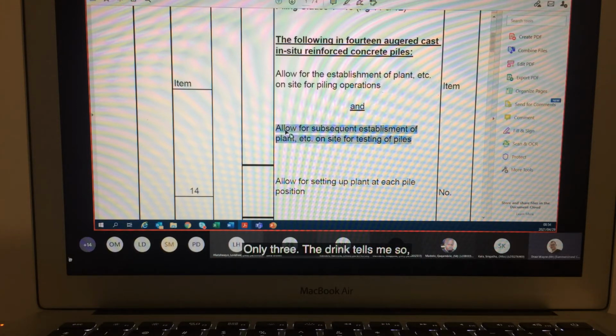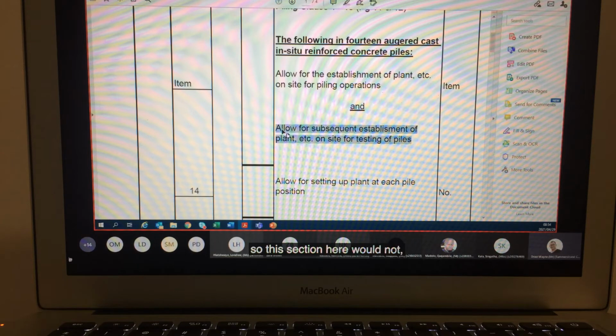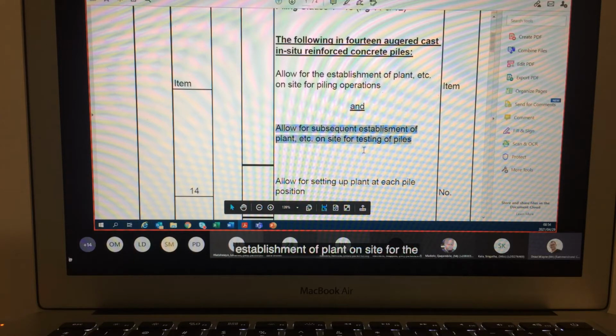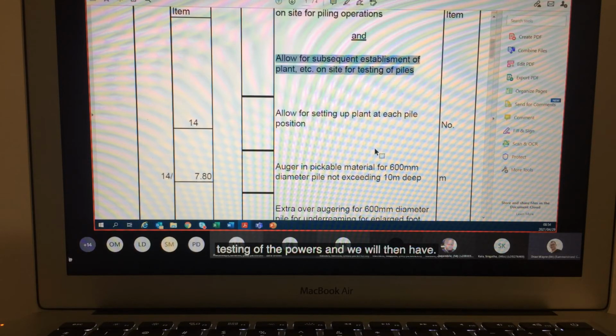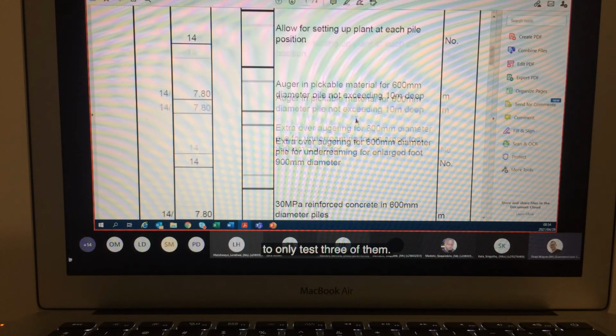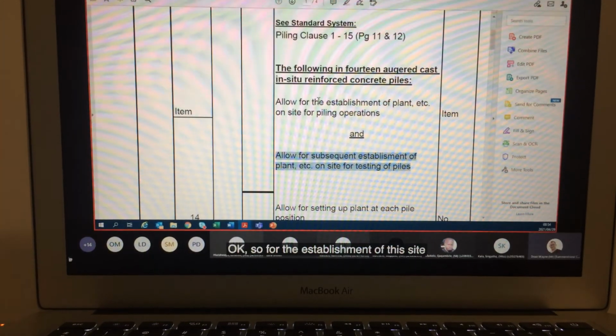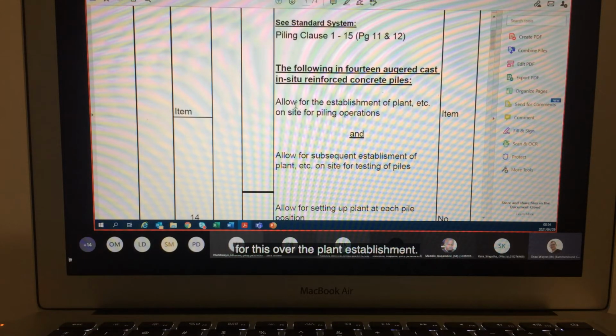So this section here would not form part of that, and we would have a separate description saying allow for the establishment of plant on site for the testing of the piles, and that we need to only test 3 of them. Okay, so the establishment of the plant on site is for the 14, and this would not form part of that because it will form part of the separate item, whereby I will say that we only test 3 of them.